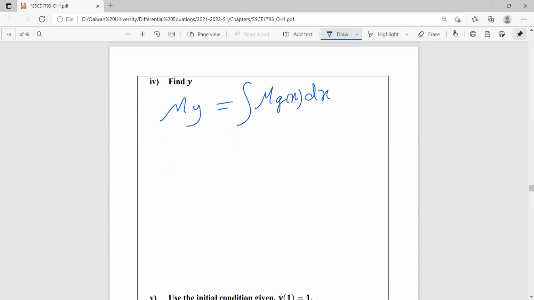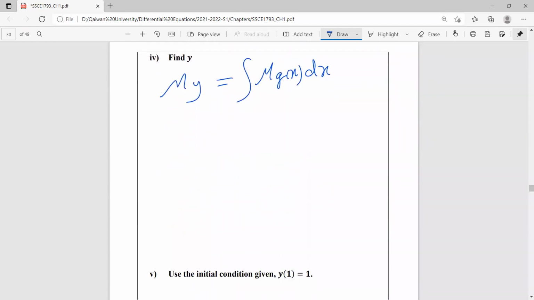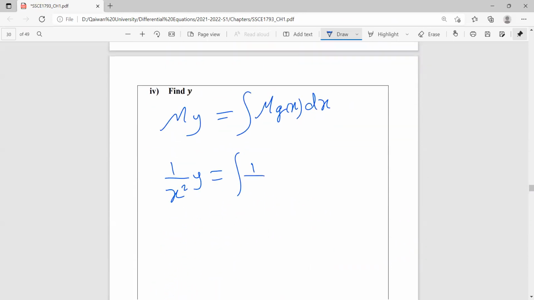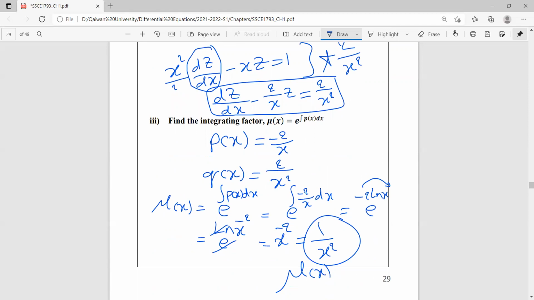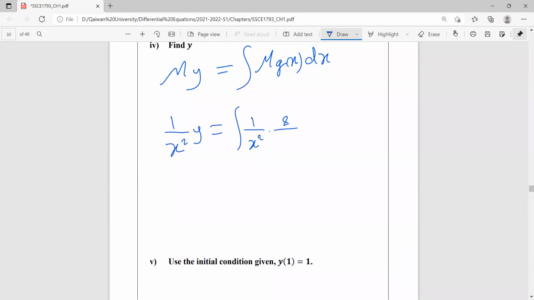Now, what's mu? Mu is 1 over x squared. So 1 over x squared times y equals the integration of 1 over x squared times q, and q is 2 over x squared, dx.